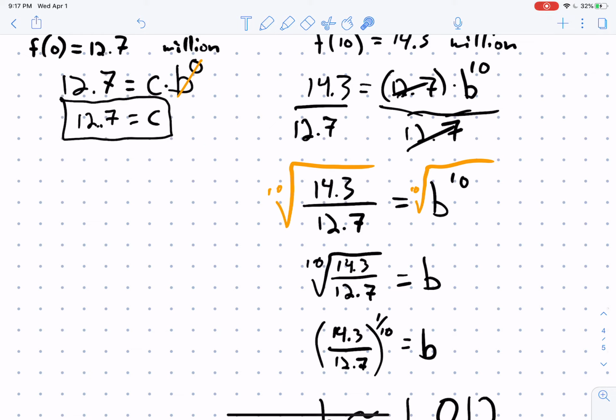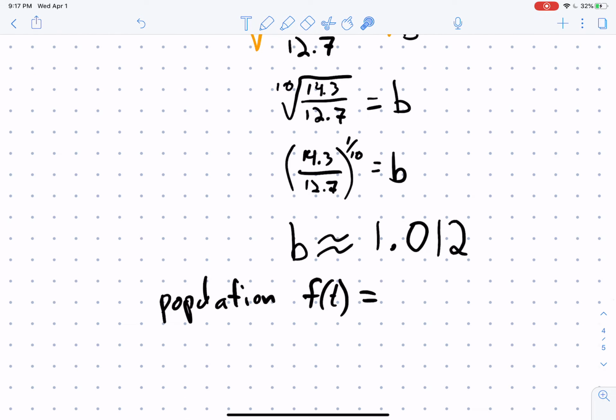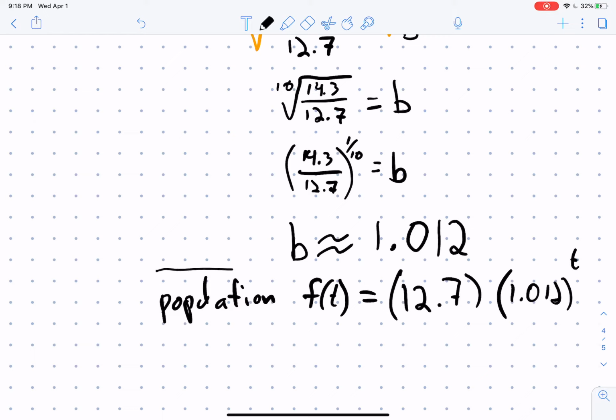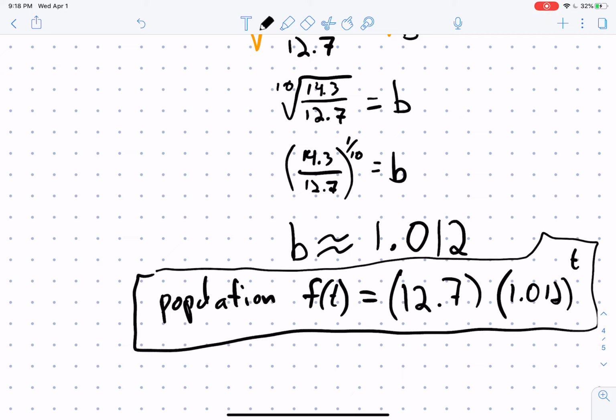That's our c in the front. 12.7 times our base to the power t, and our base is 1.012 to the power t. And this is the answer to part A. This is a formula that gives the population at any particular time.